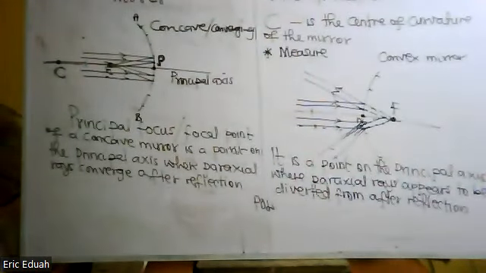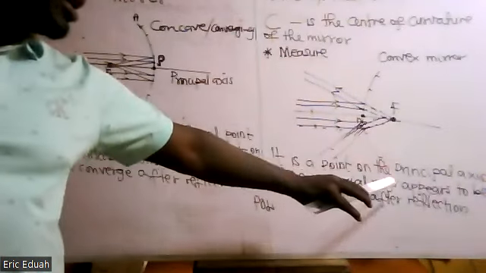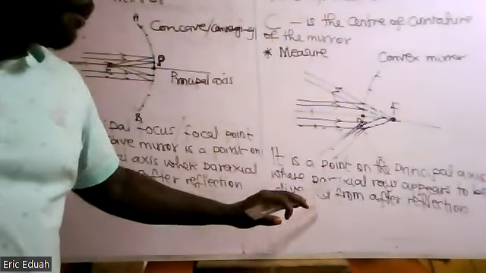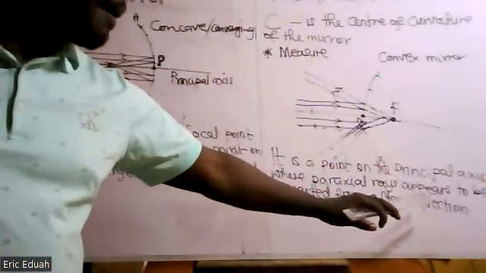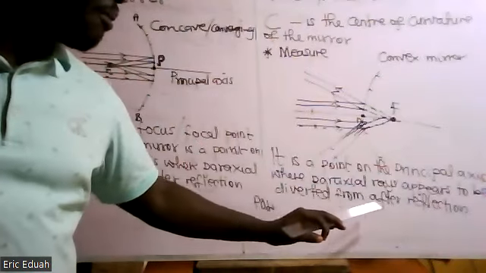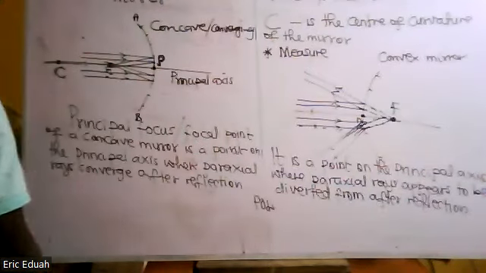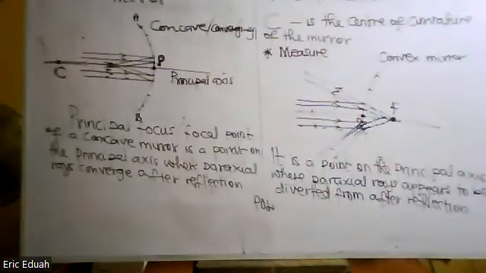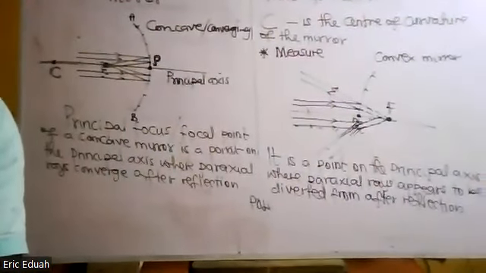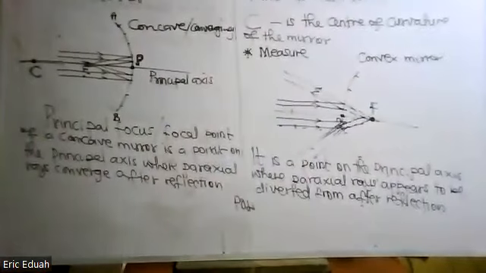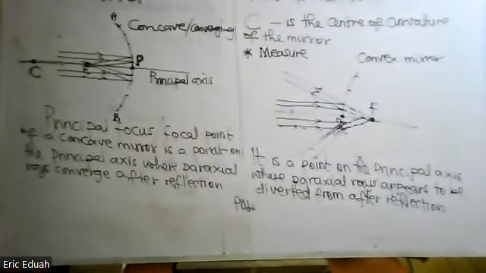So it is a point on the principal axis where paraxial rays appear to be diverted from after reflection. Please, is it okay? Is the explanation okay? Hello, are you there? I hope it's okay. Please, can you go over again?